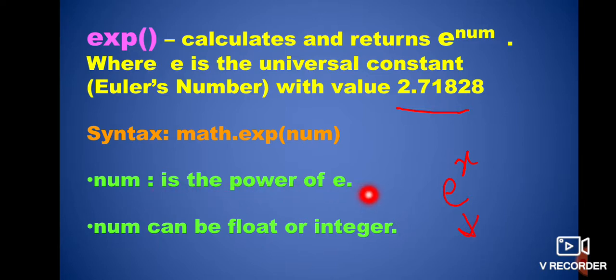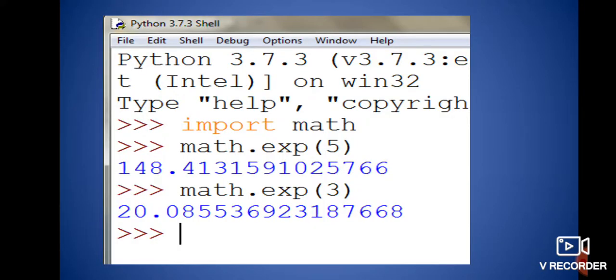Num is the power of E. And this number can be a float or an integer value. So the power can be float as well as integer. But the base is always taken as E, where E is the standard constant called Euler's number with the value 2.71828. Clear? Let us see this function practically.